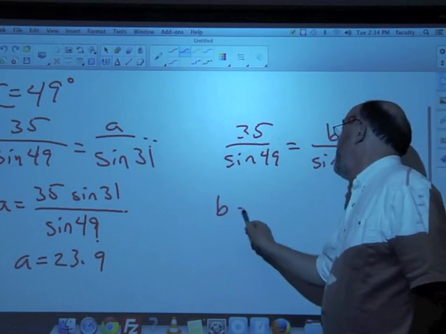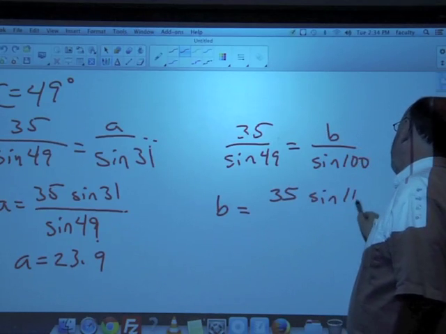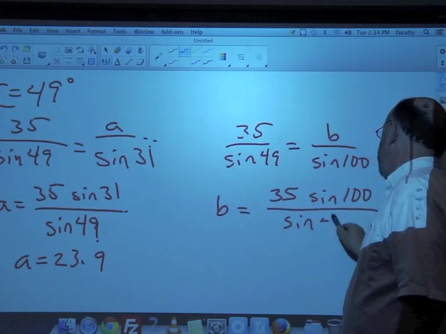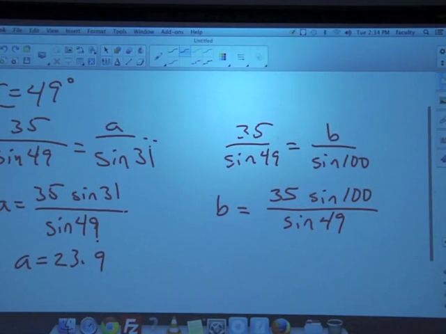So B is going to be 35 sine 100 over sine of 49. 45.7. So you plug that into the toy or the app. 45.7. And this time you end up at 45.7.